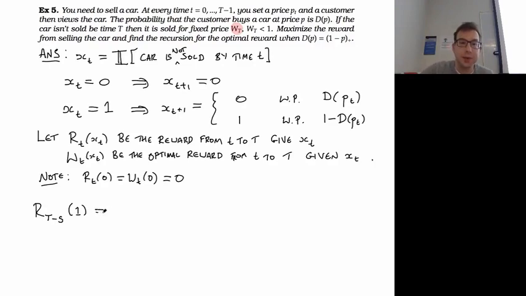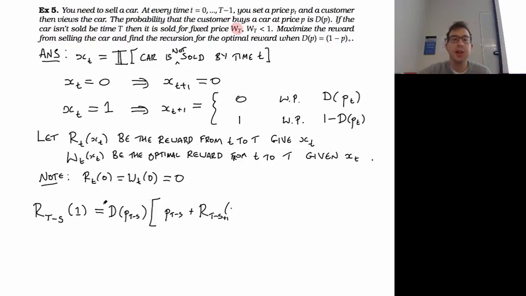D of p, yeah. And how much money do I get? Yeah, p_{T-s}. And then I should sum up all the potential future rewards I'm going to get in the future.